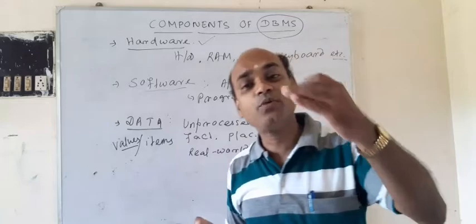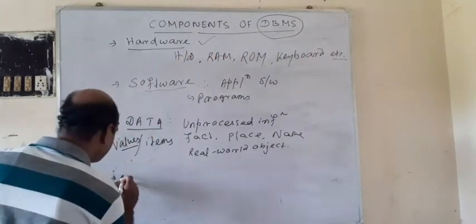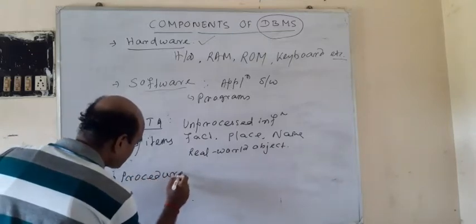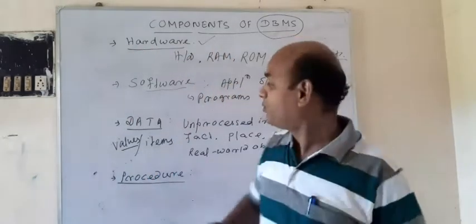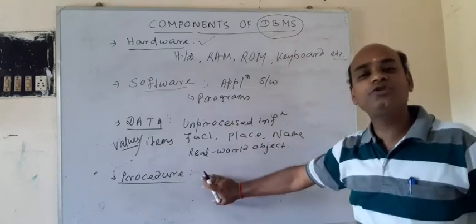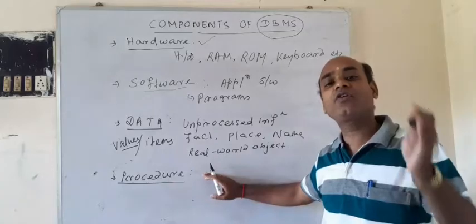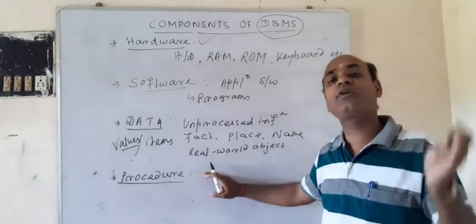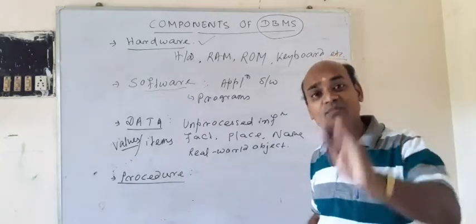So it requires a procedure. So the next component of the database management system is procedure. Procedures are the methods: how to access, how to query different commands, how to query different questions, how to put different commands to access, how to report, how to generate reports.